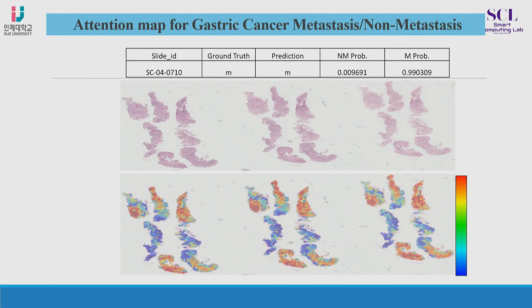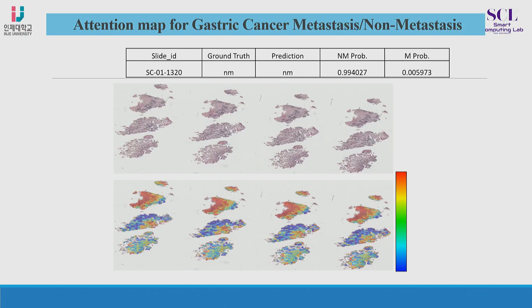Here you can see the ground truth for this slide is meta, and the prediction is also meta. And we also show the probability of meta and non-meta. For meta, the probability was 0.99.